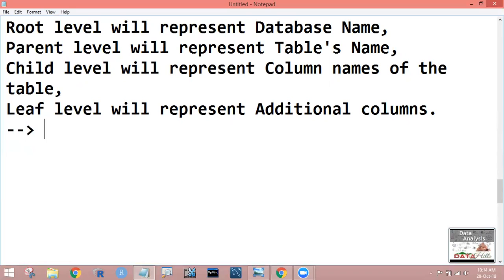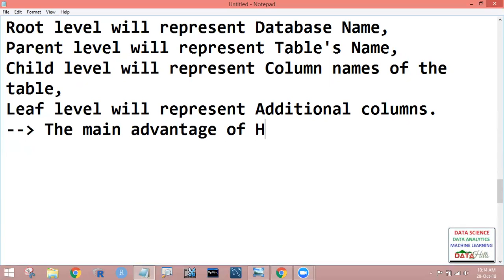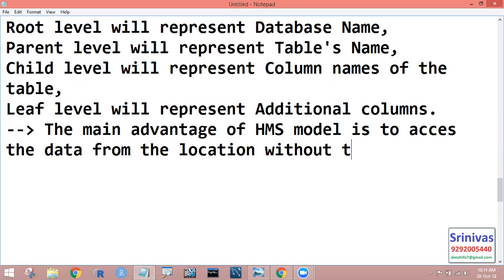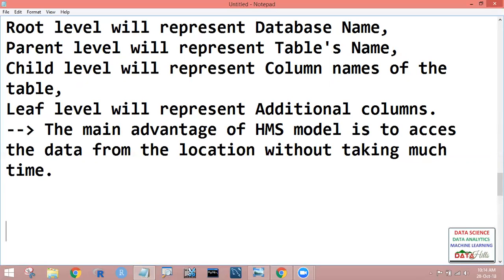The main advantage of the hierarchical management system model is that we can access the data without taking much time.